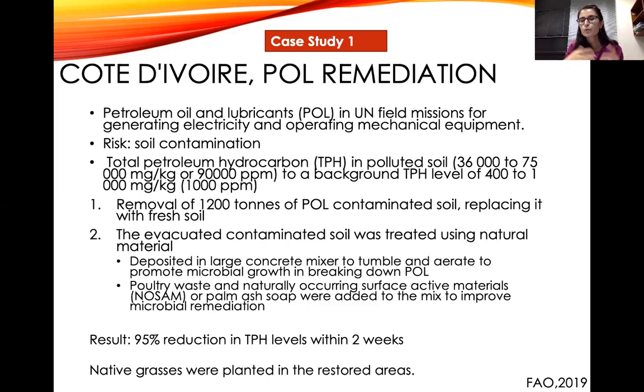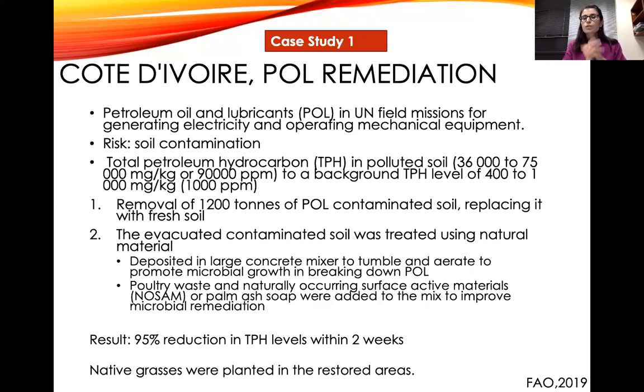But when you use such operations, a lot of oil and lubricants are also transported because you're generating electricity or anything else you need for a camp. And that then results in contamination of the soil, because oftentimes you leave things behind, or sometimes when you're operating it, you're not really operating it carefully.